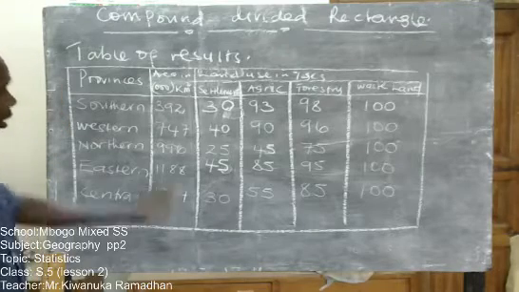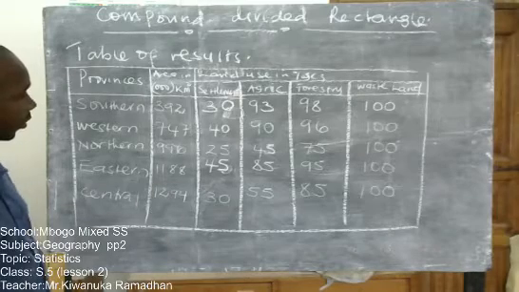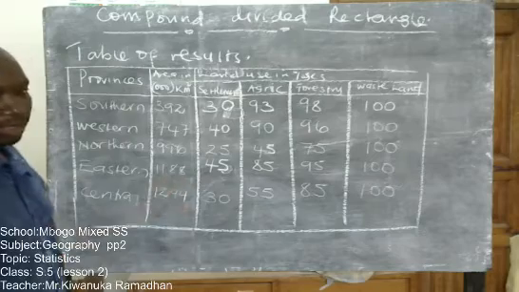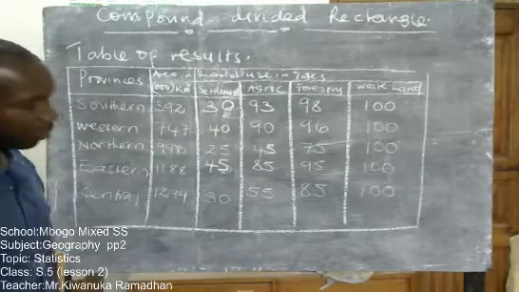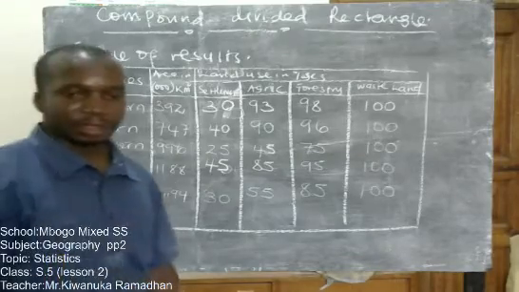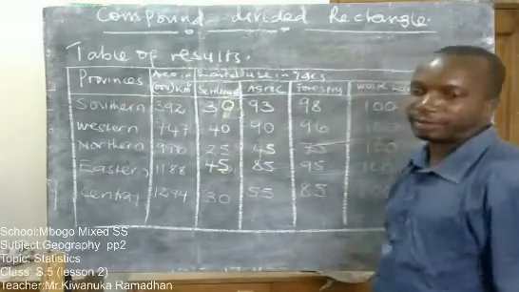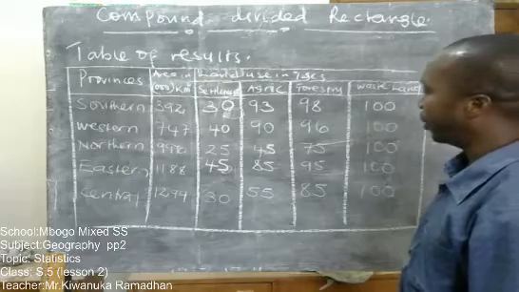Now I am going to give you like 30 seconds to finish this table. Then thereafter I'll rub off such that I create space for our compound divided rectangle.